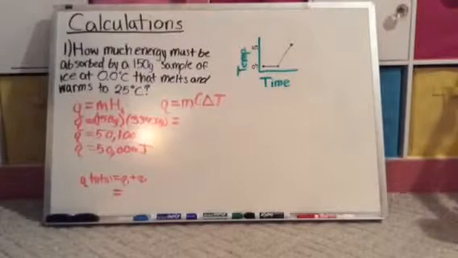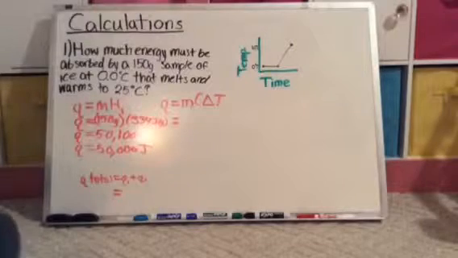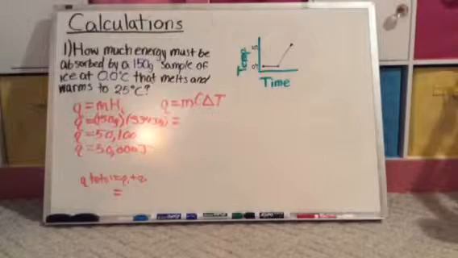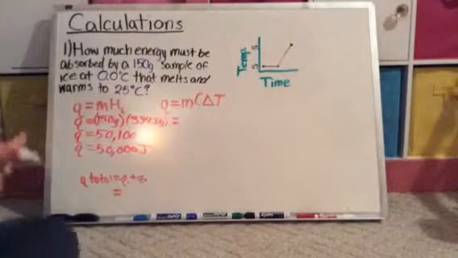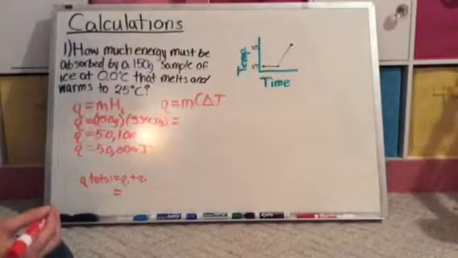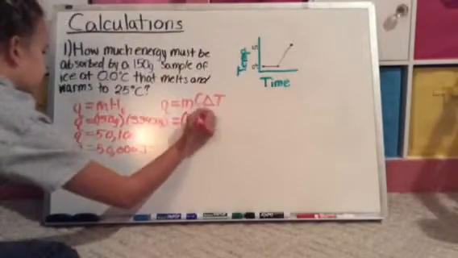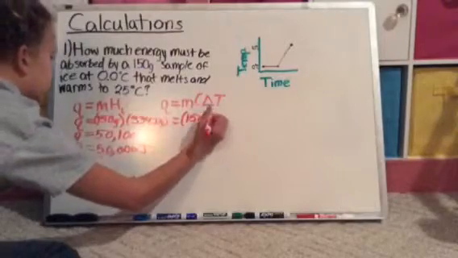And then to find our temperature change, we would use the equation Q equals m times c times the temperature change. So for mass, which is m, we would plug in 150 grams.